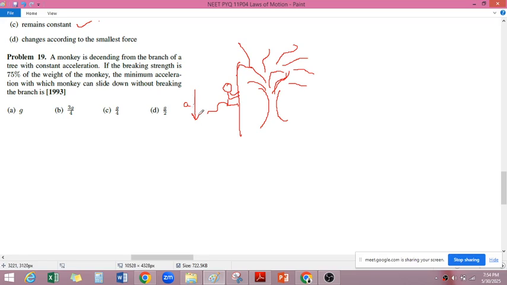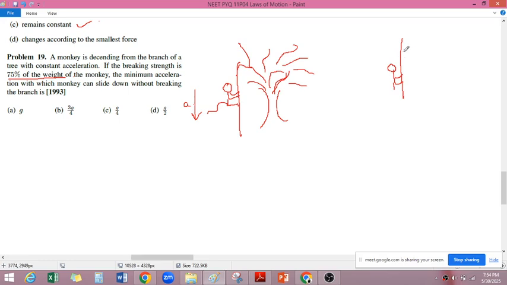So braking strength is 75% of the weight of the monkey. So what this means is, if it was hanging like this without moving, 75% of the weight itself will break this branch of the tree.